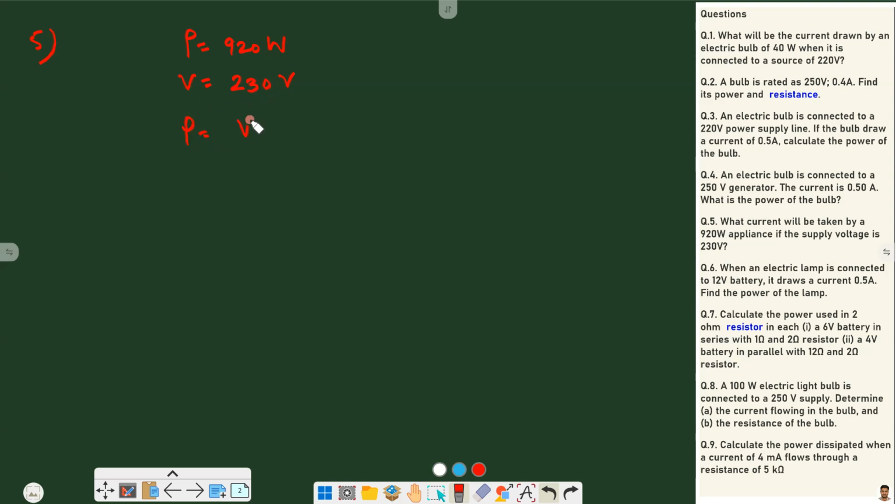So power is equal to VI, and from this I is equal to P by V, 920 by 230. So 92 by 23 equal to 4 ampere is the value of current.